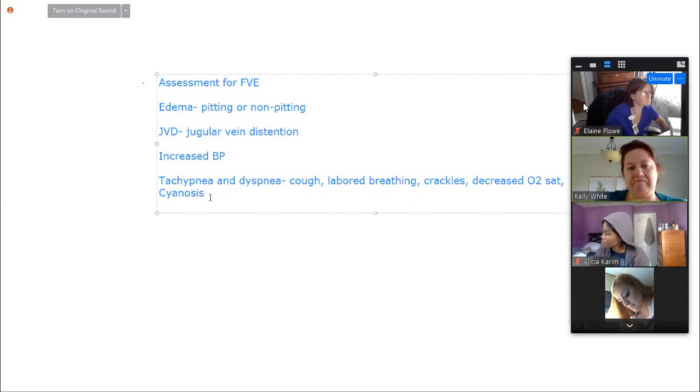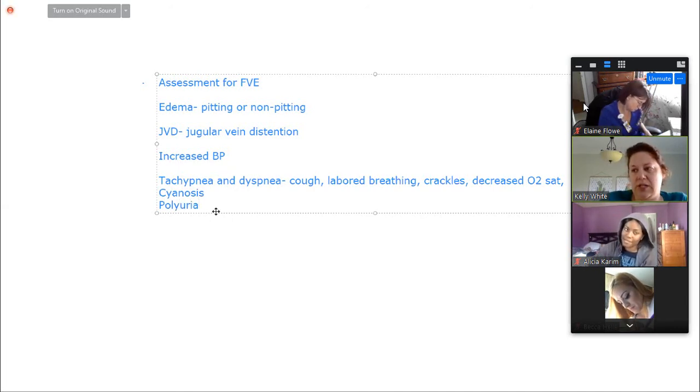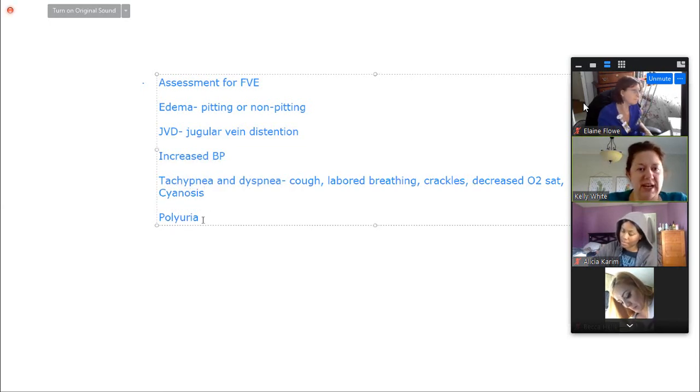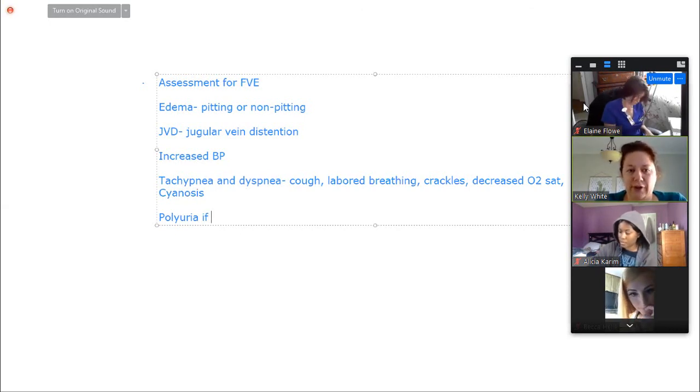And it's going to be harder to treat those people. You may also see polyuria or frequent urination. So if their kidneys are actually working properly, you're going to see increased fluid volume from their Foley or from them just using the bathroom.